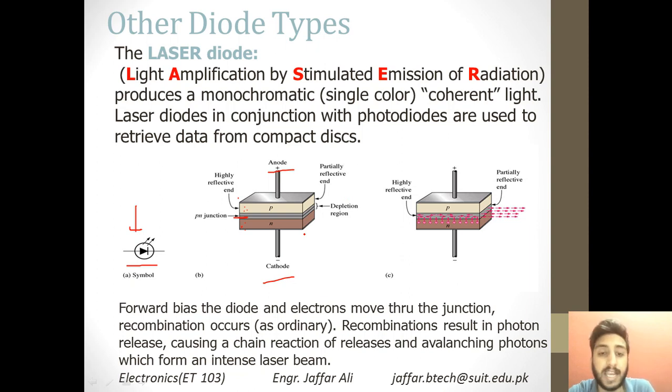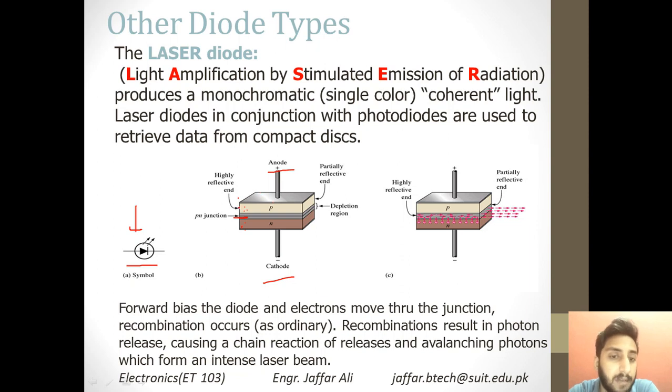You want your light to stay in and keep striking back at the material, because the more it strikes, the more photons you get, and the more intensity you will receive at the end, and you will be using amplification for that. So you want your photons to keep striking that material, and for that you need a highly reflective end. You do not want your photons to be lost or to go out from the medium.